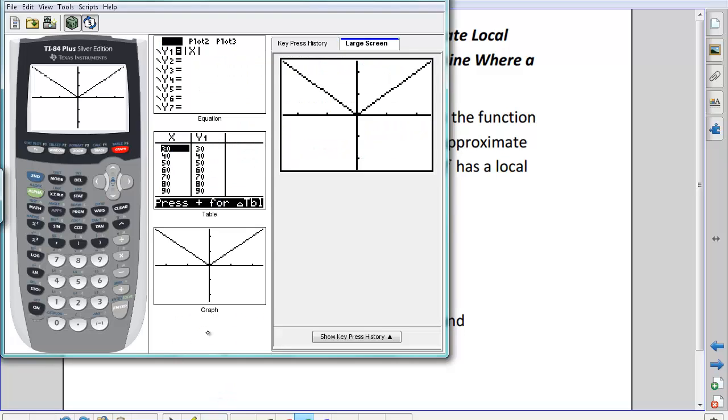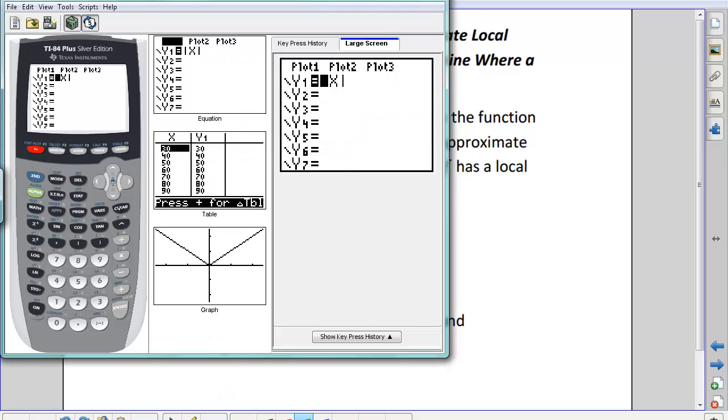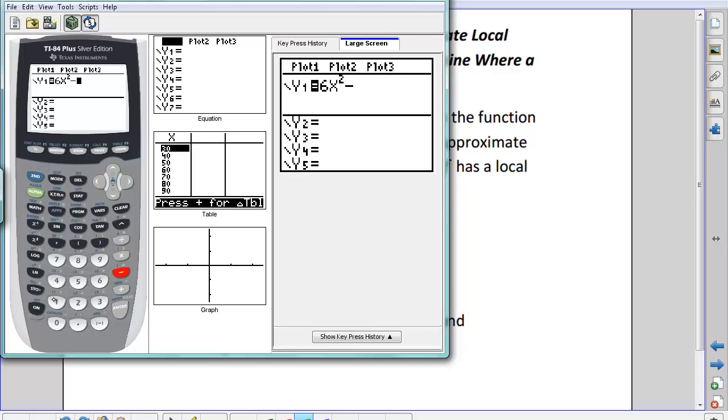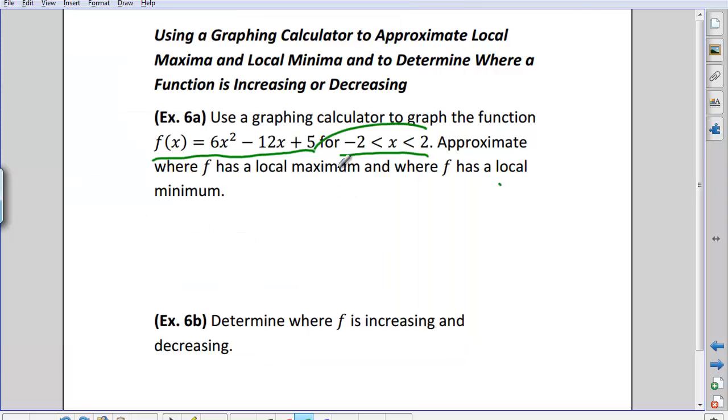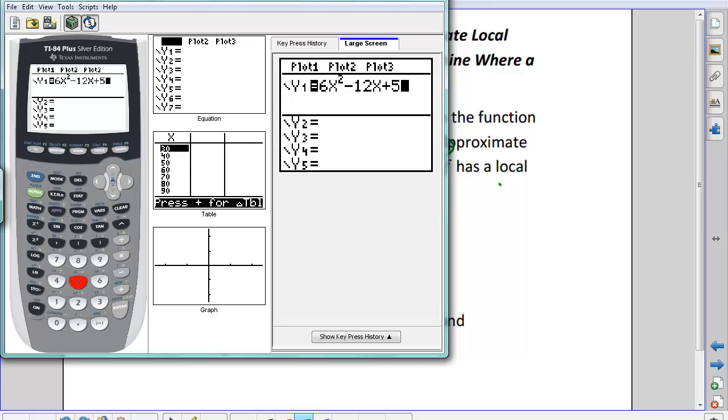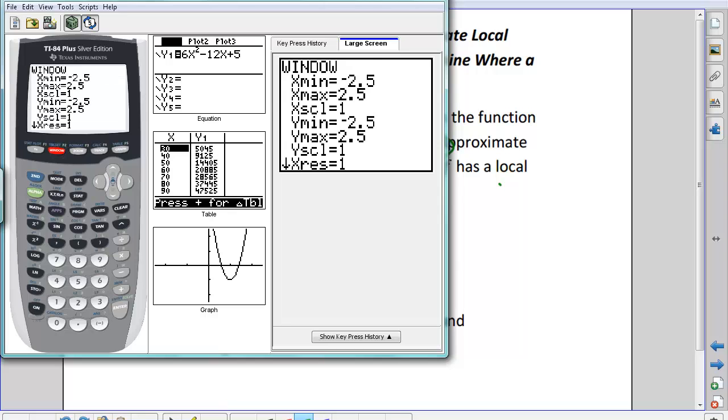So 6x squared minus 12x plus 5. And we want to graph it between -2 and 2. And so to make that happen, we can go to our window and change the x min to -2, the x max to +2.